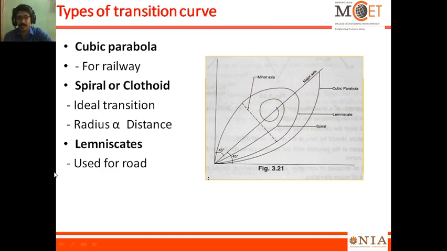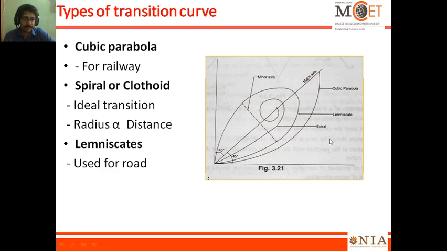Here the radius is directly proportional to the distance, and compared to spiral or clothoid, the lemniscate is the major one used for roads. What is a lemniscate? See, this is the lemniscate, where the minor axis and the major axis are almost similar to each other, and the curve goes in both directions equally.